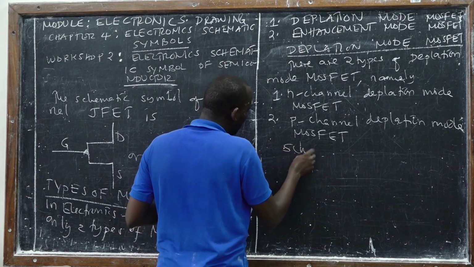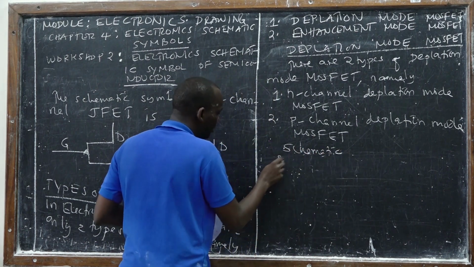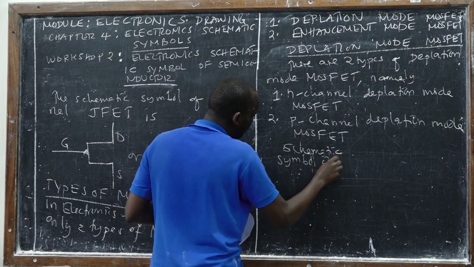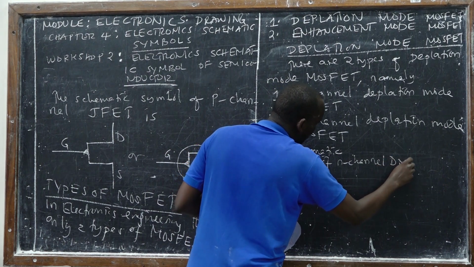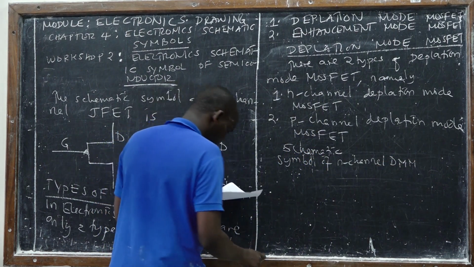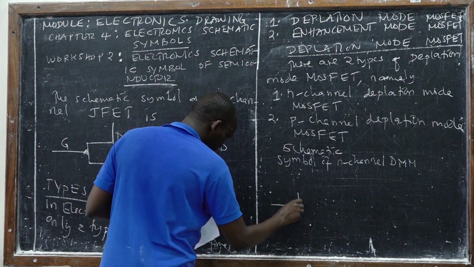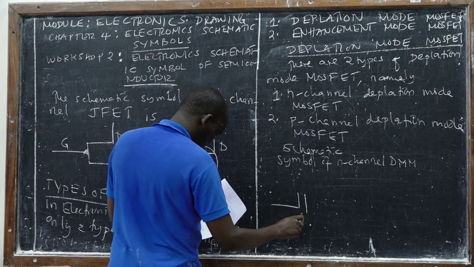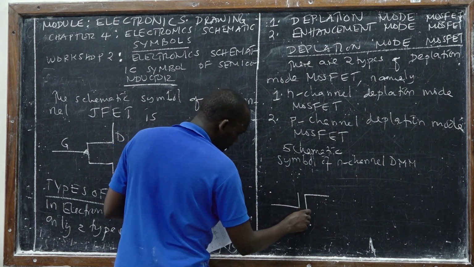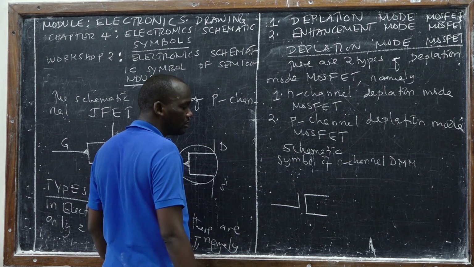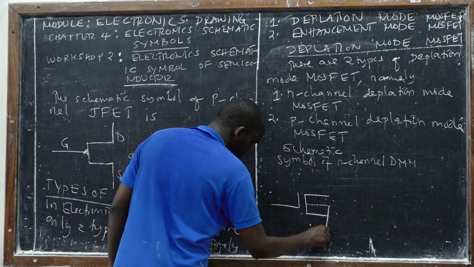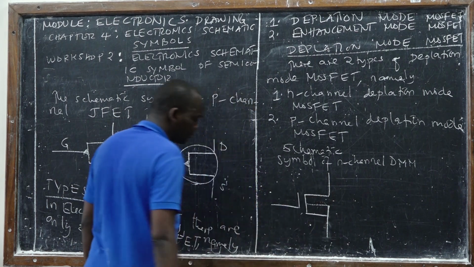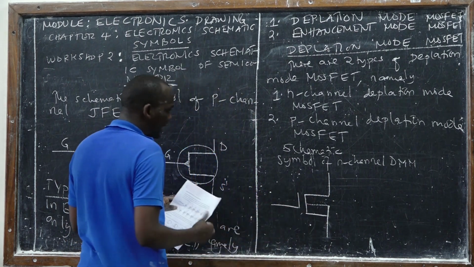So the schematic symbol of the N channel depletion mode MOSFET is this one. Stop drawing and stop writing. Look here. So this is the N channel.